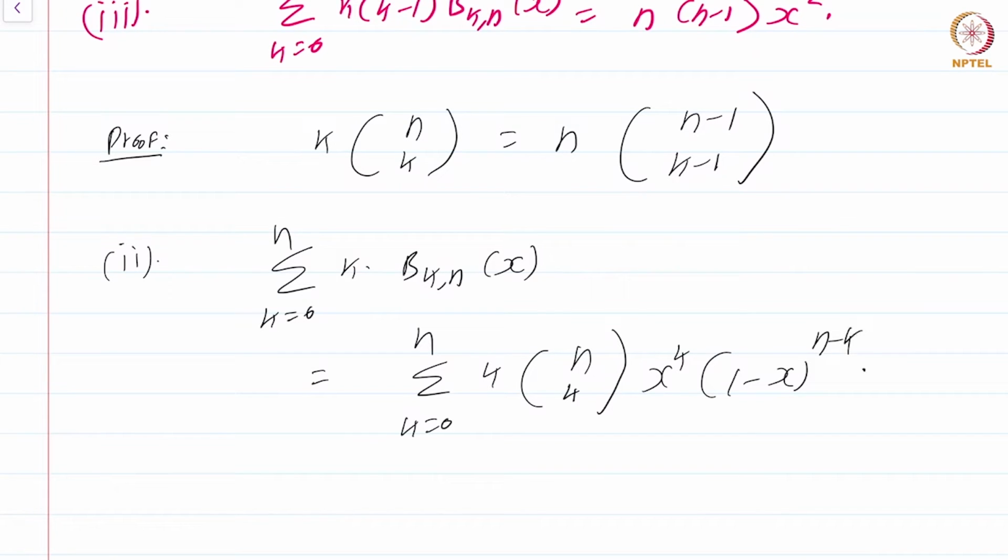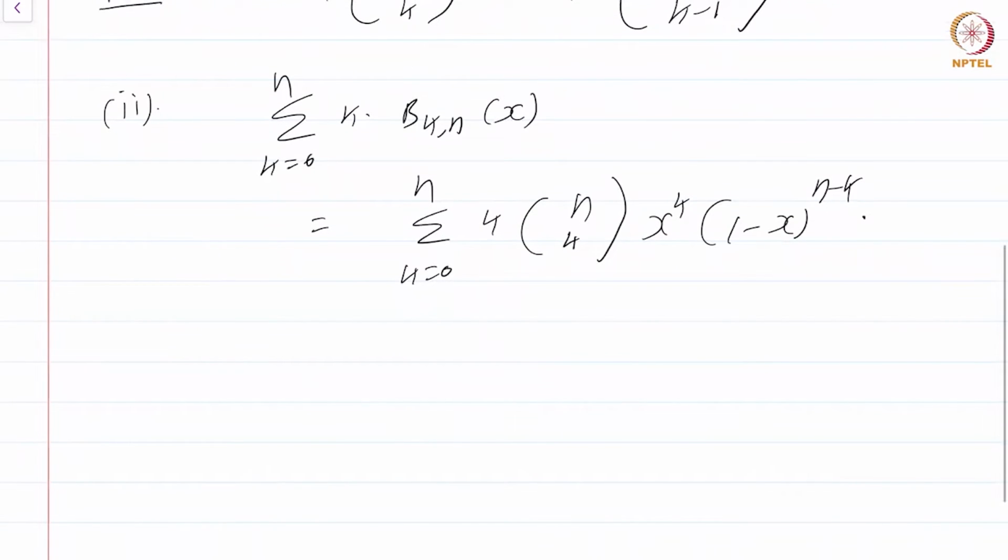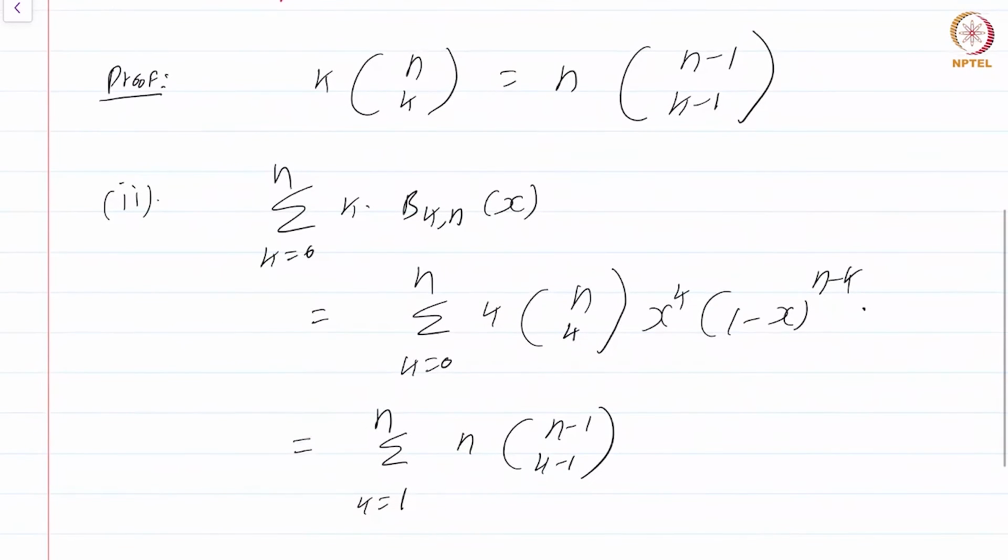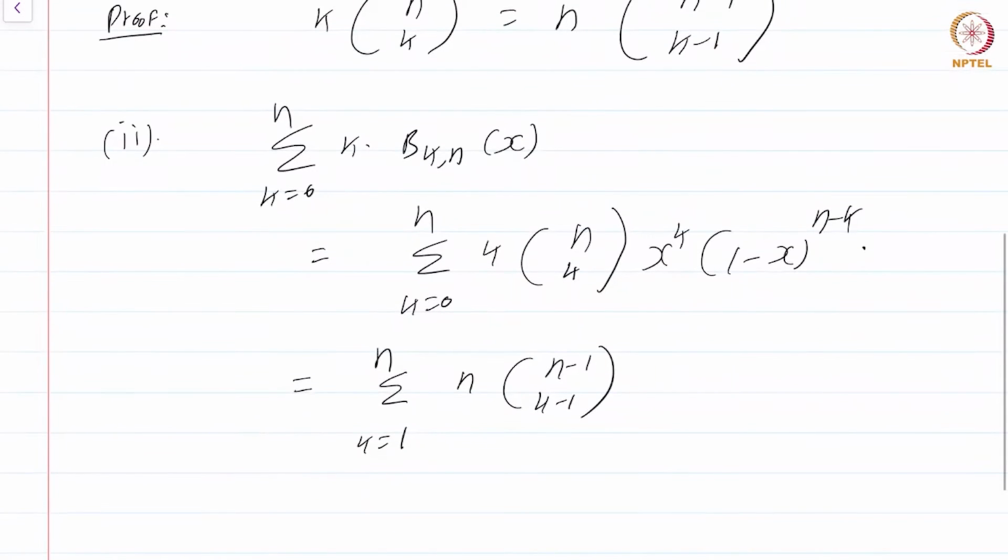I'm just summing over the expansions. This is nothing but summation k equals 1 to n of n times n minus 1 choose k minus 1. Note I have used the identity that k times n choose k is n times n minus 1 choose k minus 1, times x^k (1 minus x)^(n minus k).